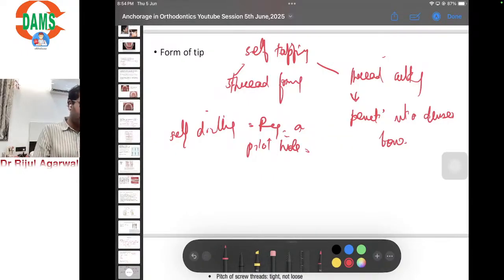The pilot drill is done so that the screw passes through the thicker cortical bone, and then we can just turn it and it goes inside. So self drilling are the ones which require a pre-drilling pilot hole for placement.